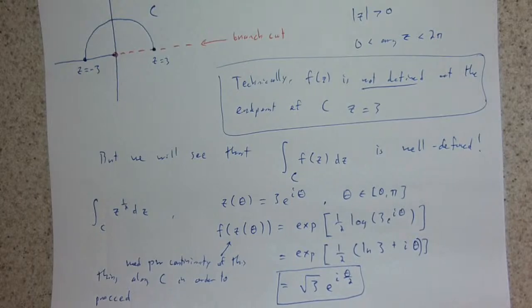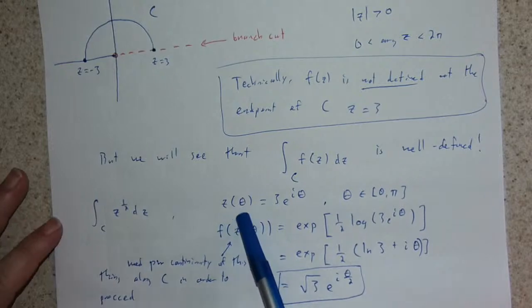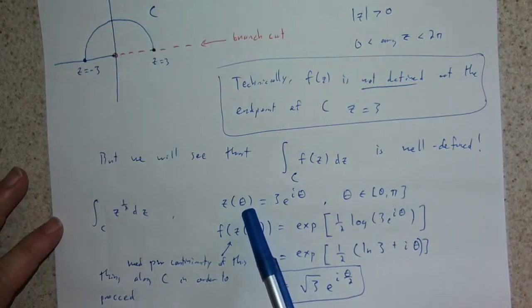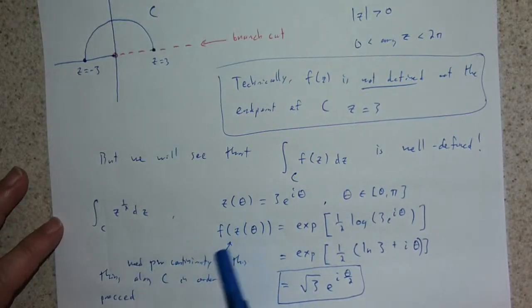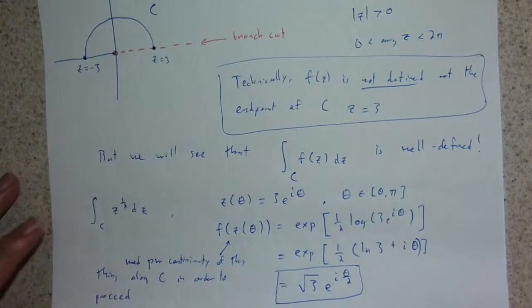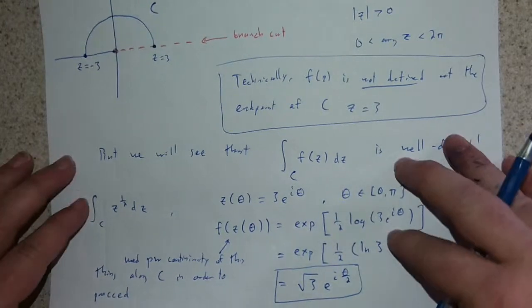Of course, combining this with the entire integrand expression, f of z of theta times z prime, I need that to be piecewise continuous.